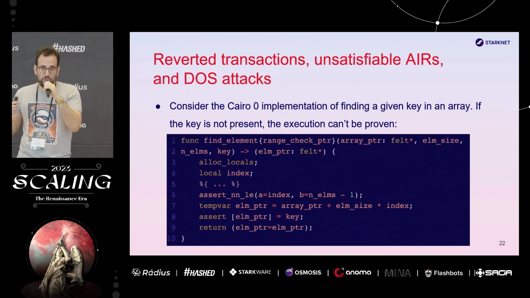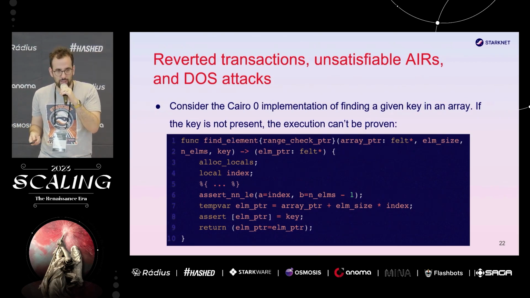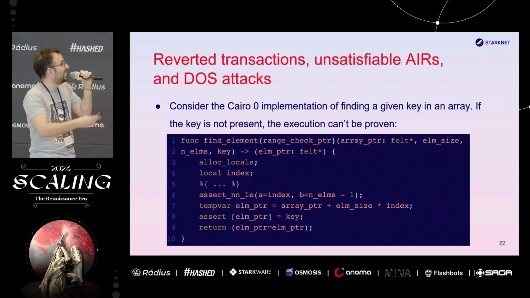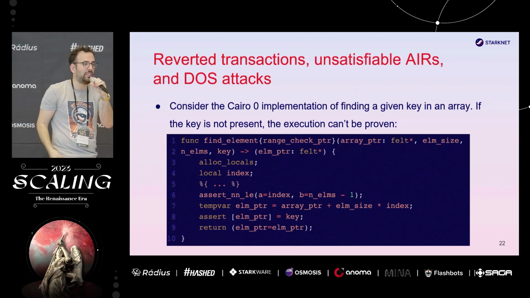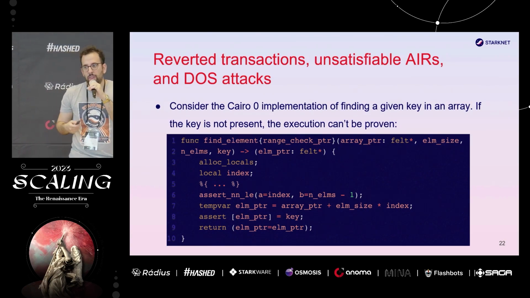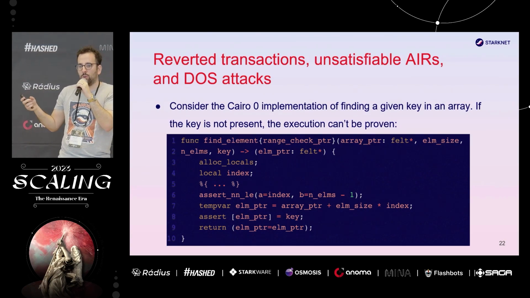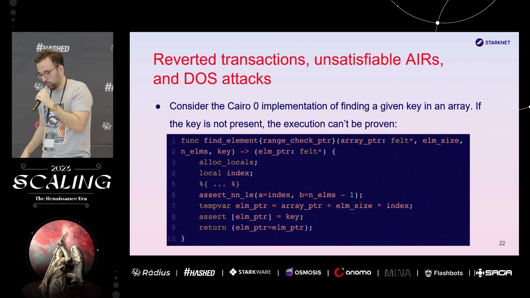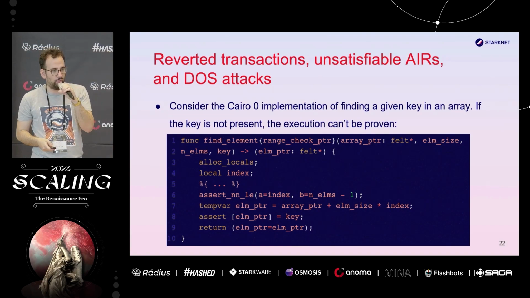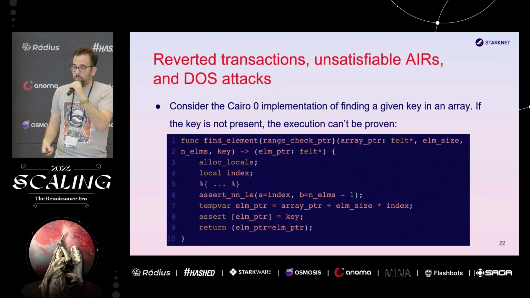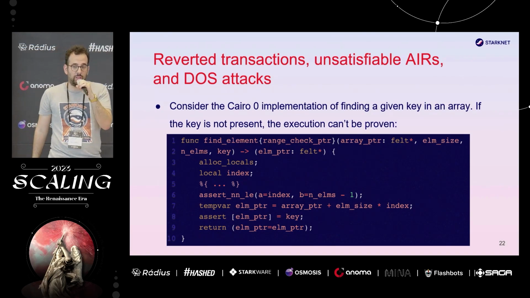So in Cairo 0, we had the concept of hints. Basically, since I did not substitute anything into the index variable, it is unconstrained. The prover has complete freedom in what to substitute in it. So he can, outside the context of Cairo, outside the context of the Cairo VM, actually look for the element in the array with a regular loop in whatever language he prefers, and then substitute the result.